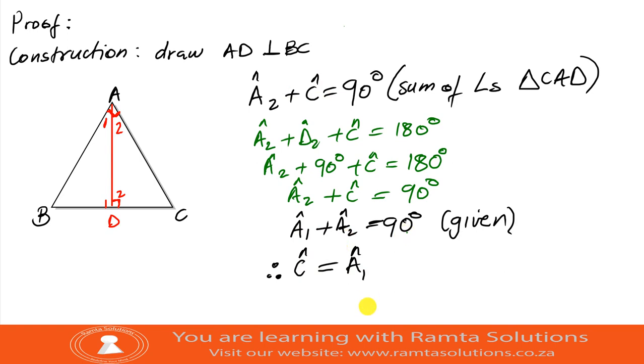If you say A2 is equal to 90 degrees minus A1, and you substitute this into this equation here, what do you get? You will get 90 degrees minus A1 plus C is equal to 90. And if you solve it, you will get this.